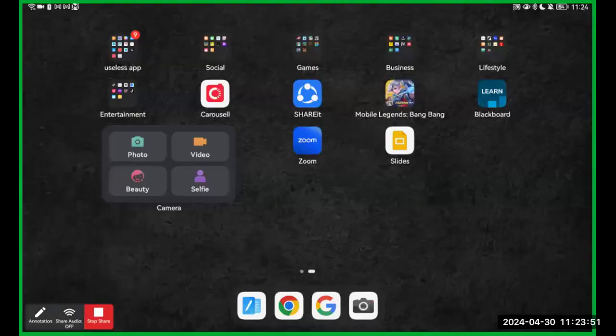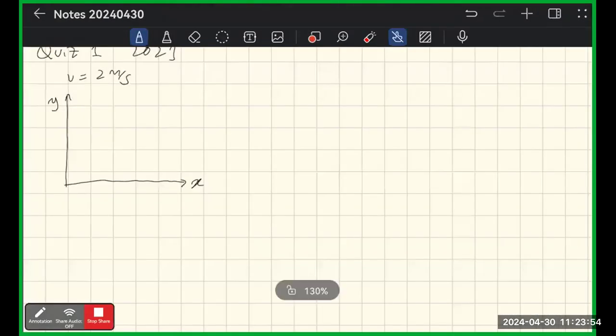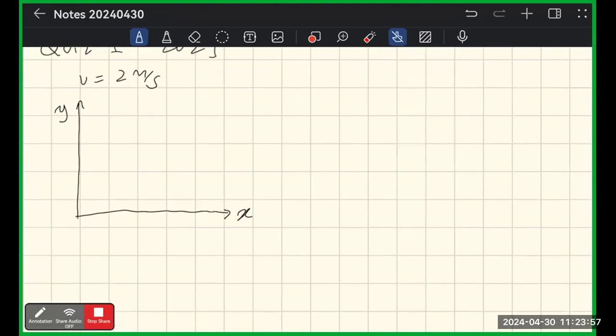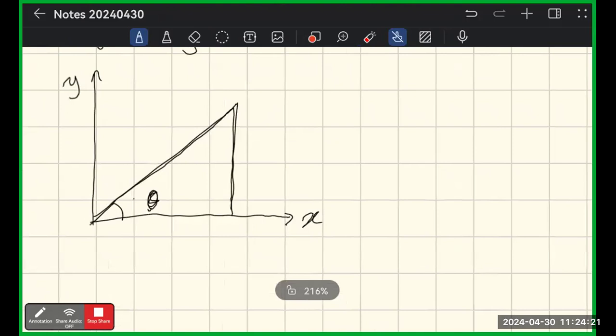So let's stop sharing here and get back to this screen. The easiest thing is to not draw the angle in 45 degrees. If you draw an angle close to 45 degrees, this is the theta, right? The problem is that it's hard for you to track which angle is theta. Actually for exactly 45 degrees it's not a problem, it doesn't really matter.